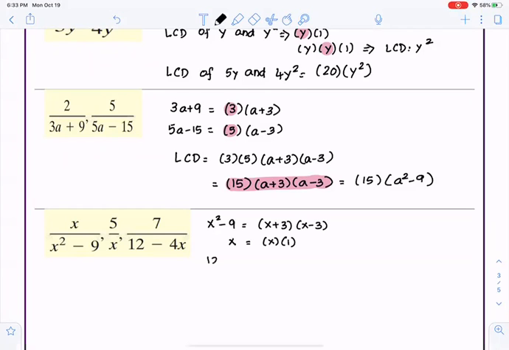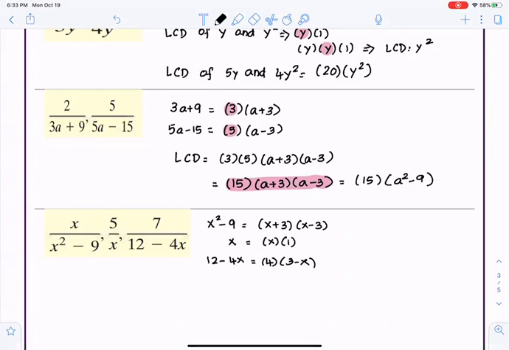The next term is 12 minus 4x. We want to see if there is a common factor. Well, 4 is a common factor, so I can pull 4 out and I'll have 3 minus x. This is where we've got to use a little bit of thought. I look at 3 minus x and I see an x minus 3 in x squared minus 9.